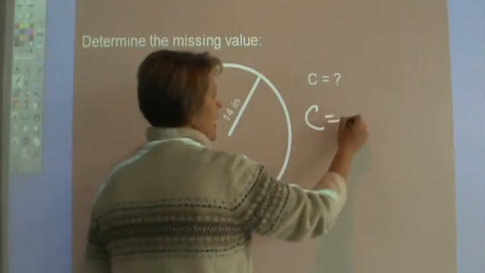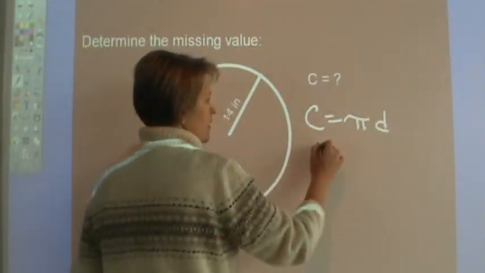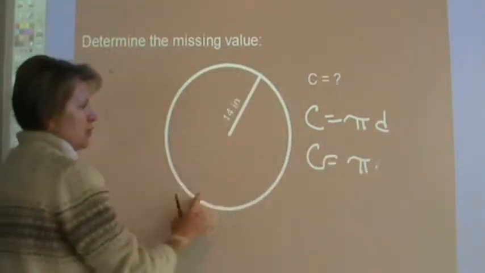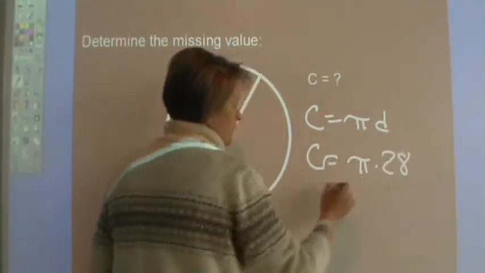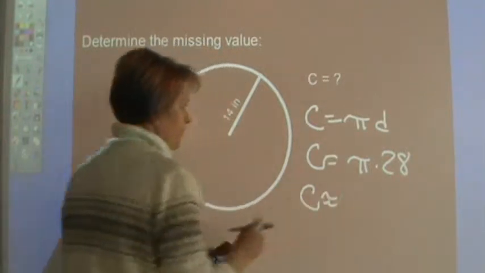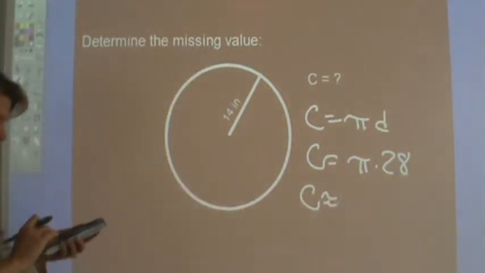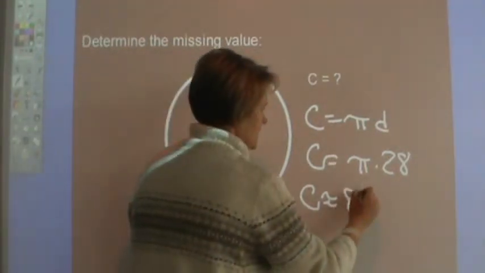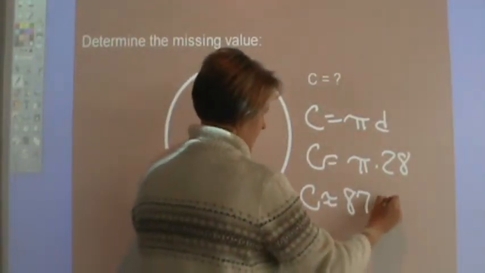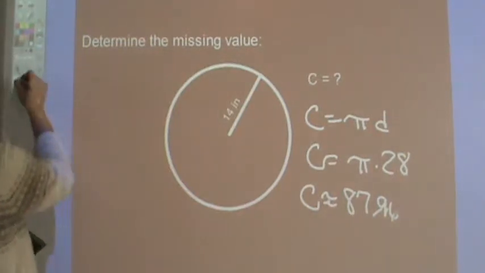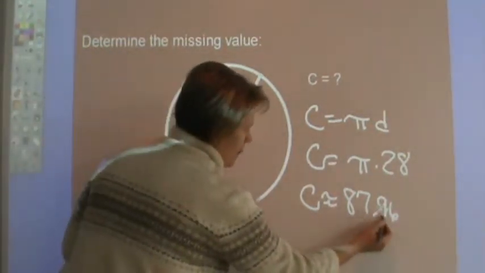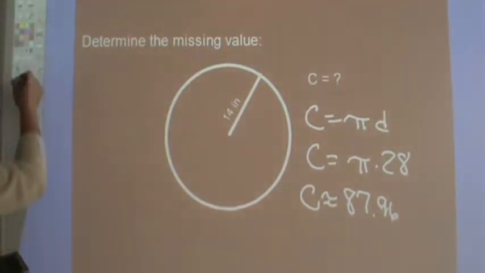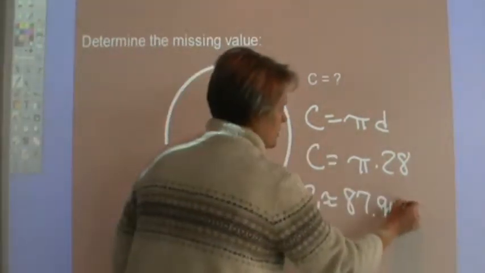If it's pi times diameter, I still have my pi, but then my diameter would be twice this. So pi times diameter is about 87.96. Sorry, that's a decimal. And let's put a label on that. That would be inches.